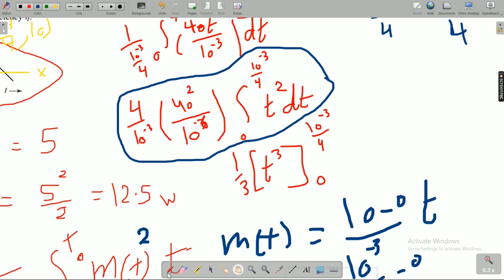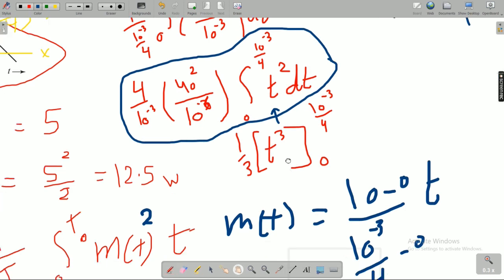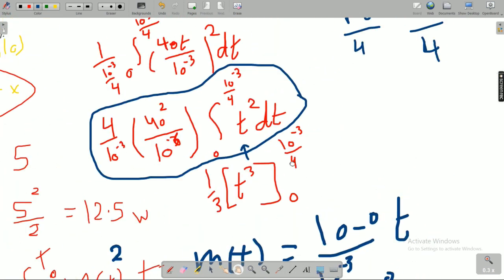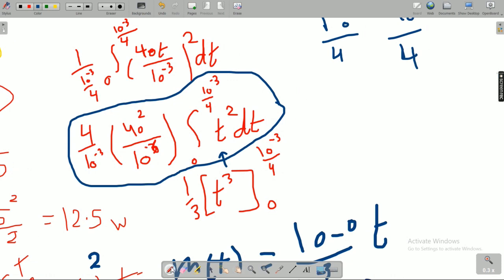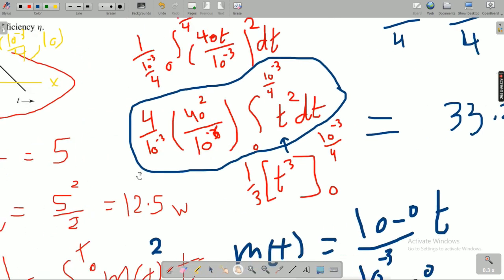The integration of t squared is t cubed divided by 3, and we substitute by the bounds, which are 10 to the power negative 3 over 4 and 0. When we substitute in this formula, we will find that the output will be 33.333 and so on. This is the power.